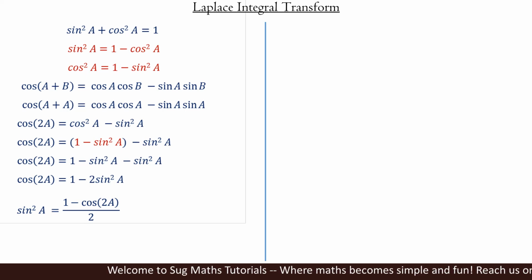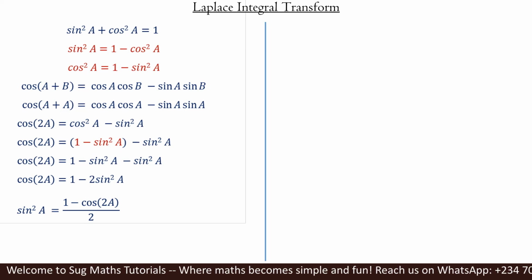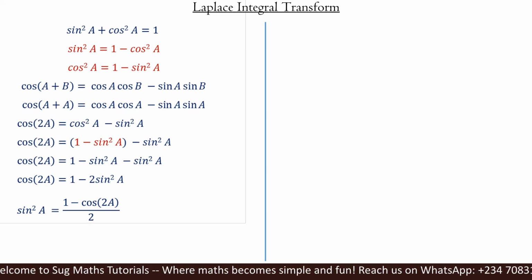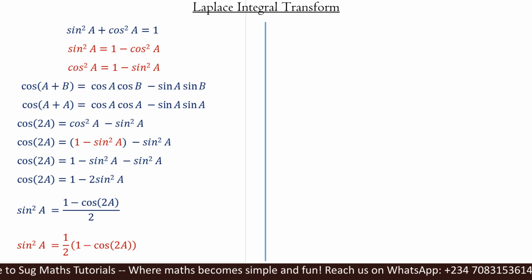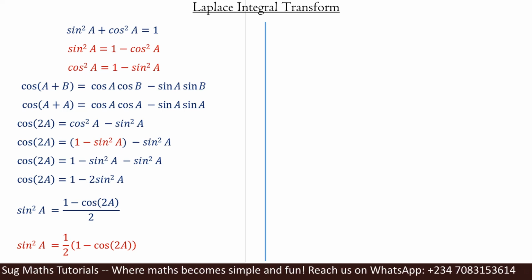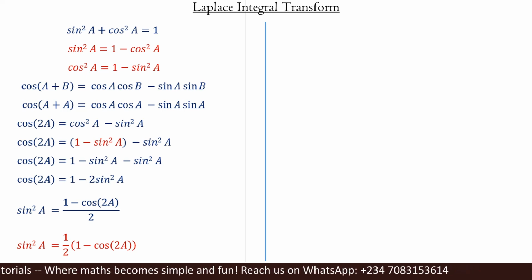Where we have cos 2A is going to give us negative, and then the minus 1 will turn to positive. So we are going to have 1 minus cos 2A. Let's factor out 1 all over 2. So we see that sin squared A is equal to 1 all over 2 open bracket 1 minus cos 2A.